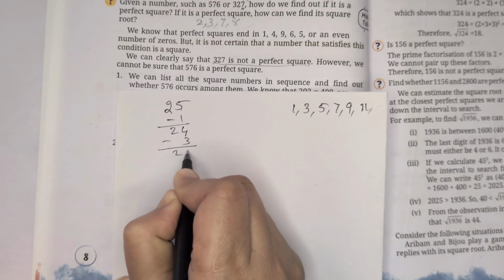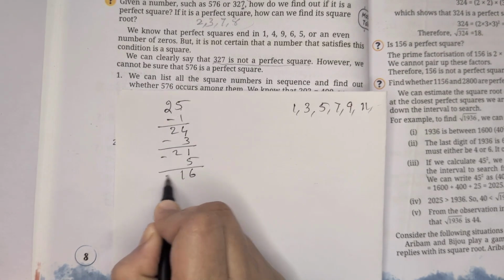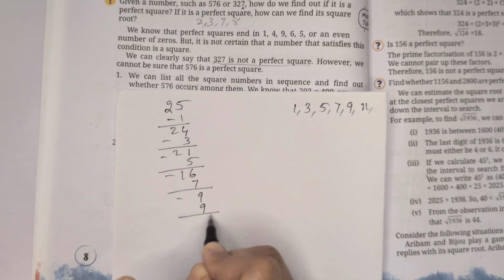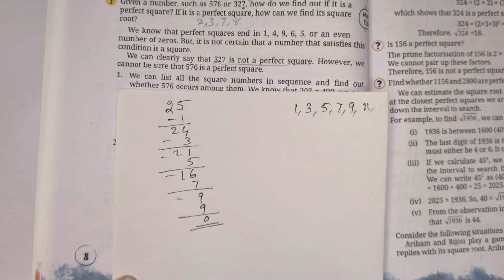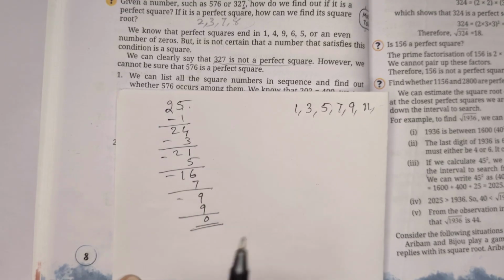Again minus 3, 21, minus 5, 16, minus 7, 9, then minus 9, 0. So if you are getting 0, we can say that number is a perfect square. This is one of the methods.